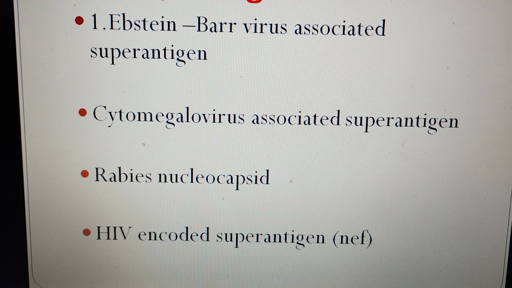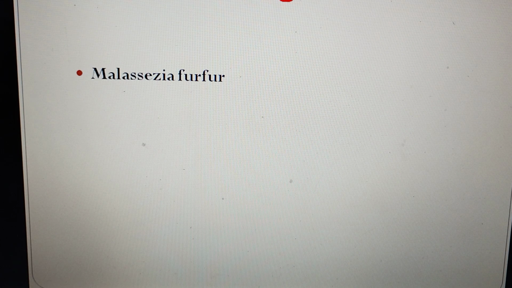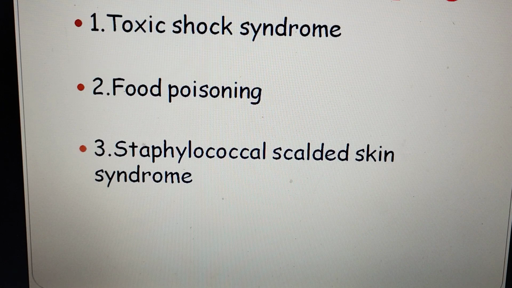Coming to viral superantigens, it is Epstein-Barr virus and cytomegalovirus, and the nucleocapsid present in rabies, and the HIV protein, that is Nef. A fungal superantigen example is Malassezia furfur, which is a causative agent for pityriasis versicolor.